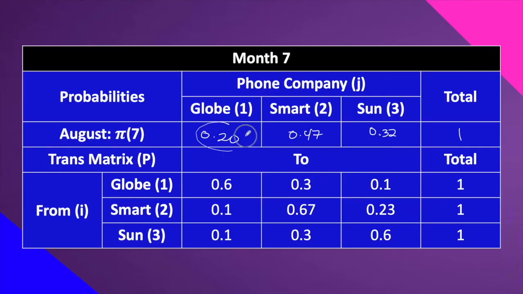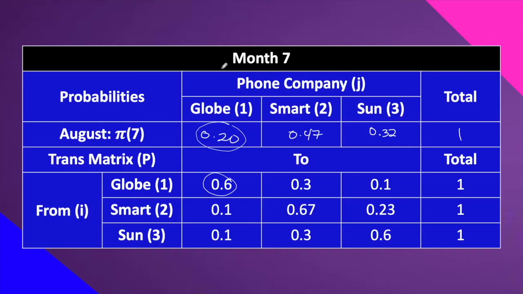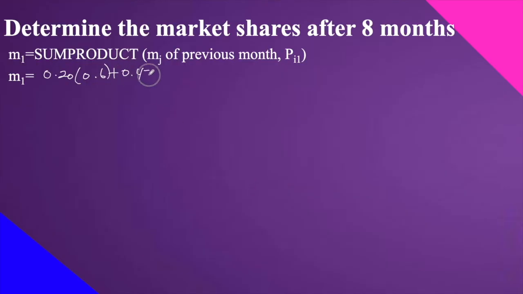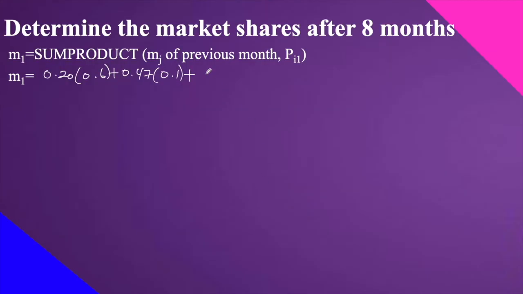No? 0.20 times 0.6 plus 0.47 times 0.1 plus 0.32 times 0.1. This is equivalent to 0.20 market share of Globe after 8 months.